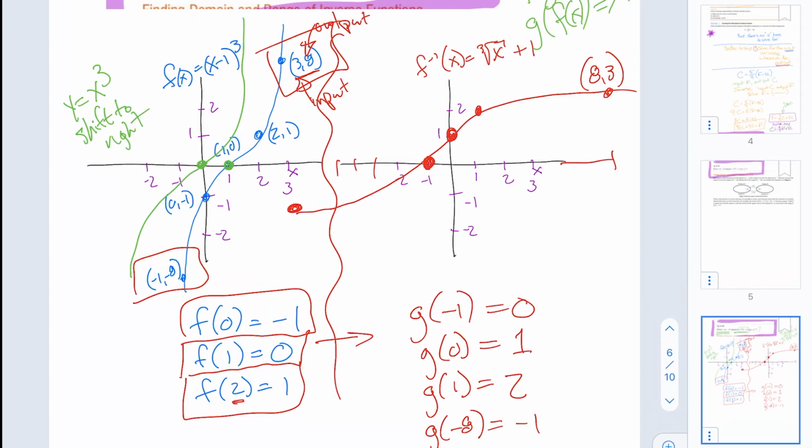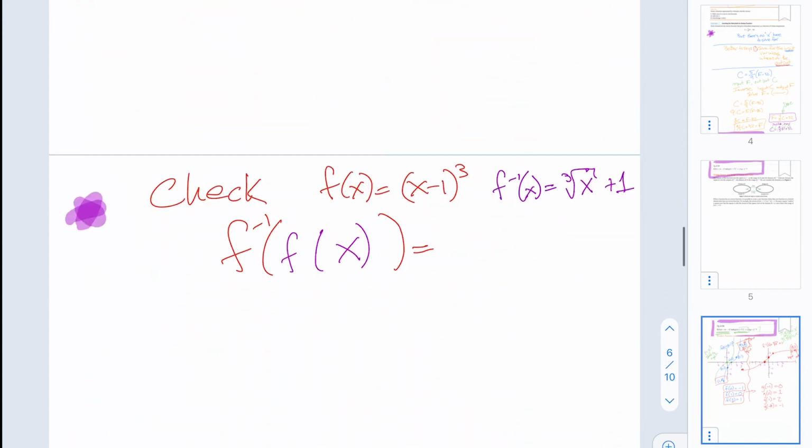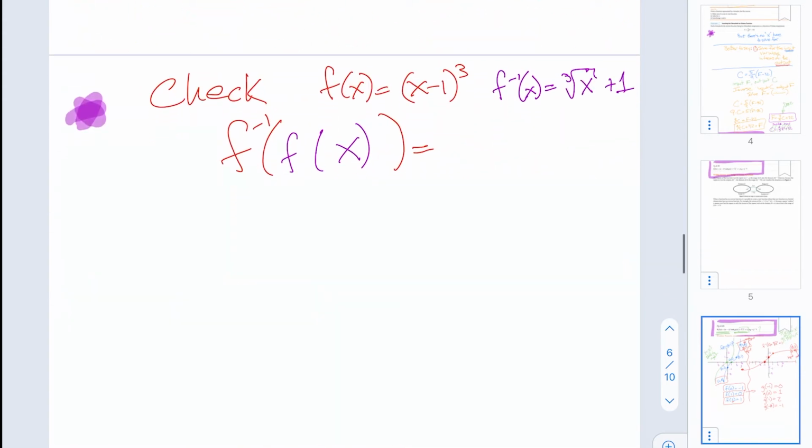And now when I do the inverse, I've switched, and the 8 is now the input into the inverse function, and the 3 is the output. So the 8 is now on the horizontal axis, and the 3 is on the vertical axis. All I've done when I switch the input to the output of any specific point is switch whether it's on the x-axis or the y-axis. So I've kind of flipped the curve, and it went from the blue curve over to that red.